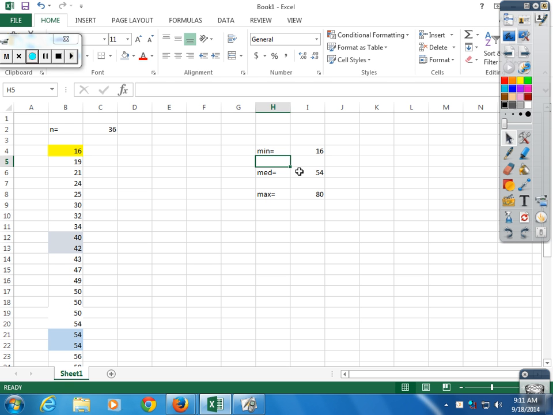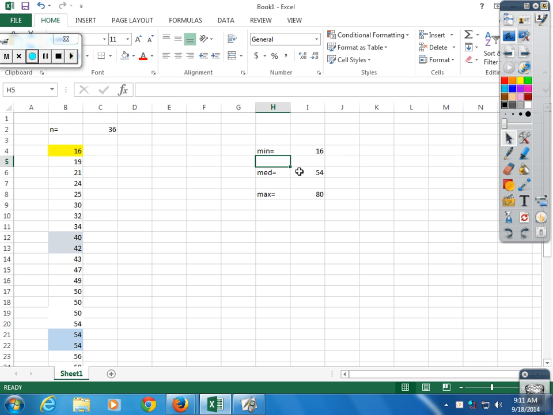So it is number 36, half of 36 is what, 18? So it's number 19 right here. So you got 18 above and 18 below. So what I do is I take number 9 and 10 and I average those two together.